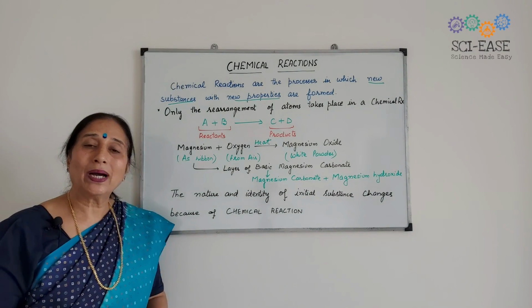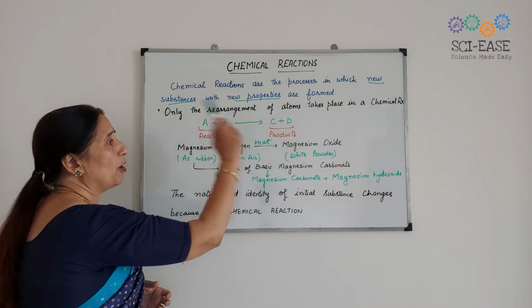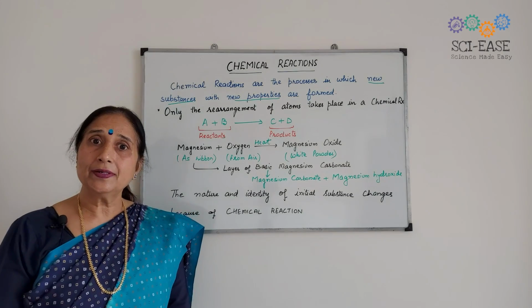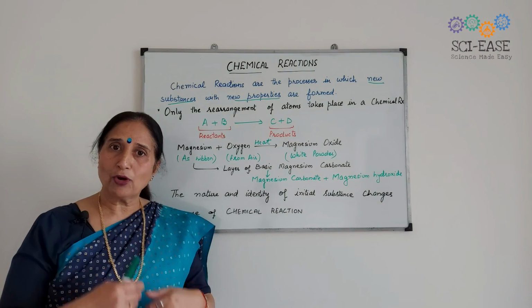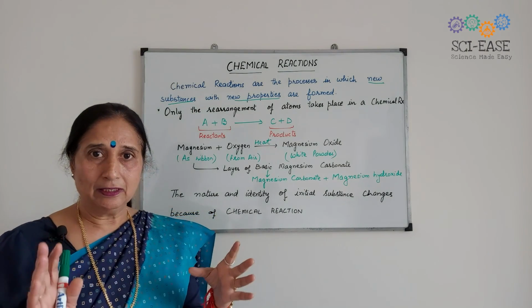Here I am taking one example, that is magnesium plus oxygen forming magnesium oxide. Here, magnesium comes from the magnesium ribbon, oxygen from the air.